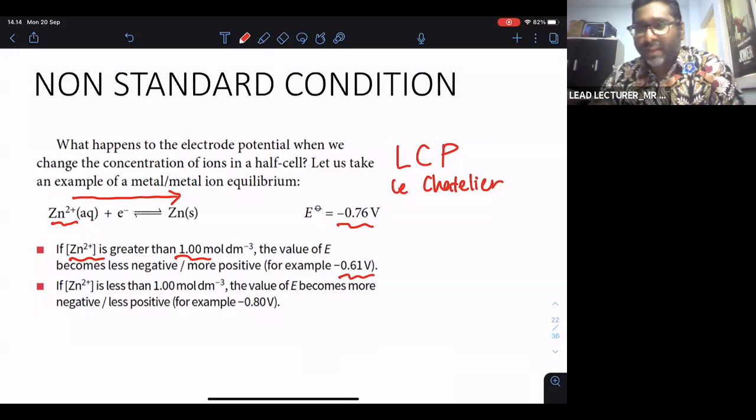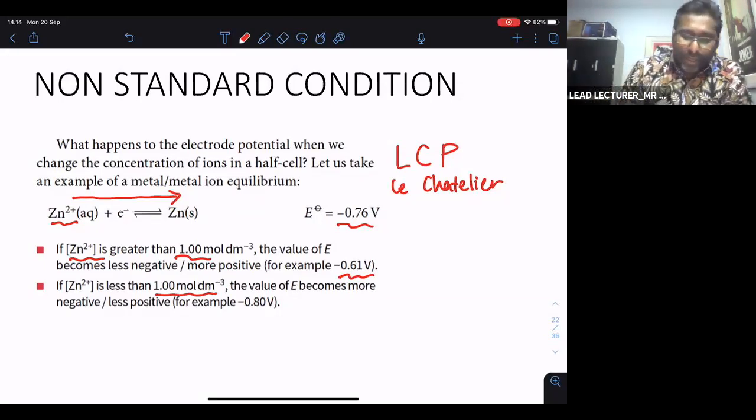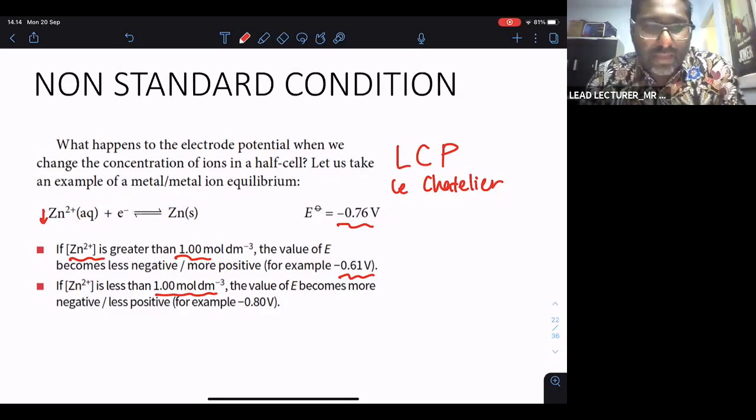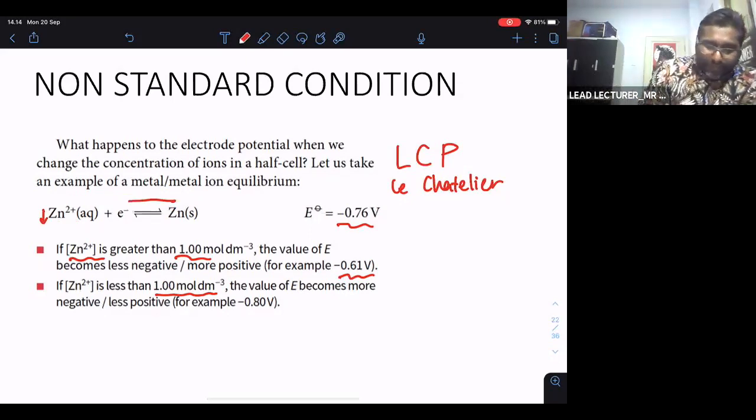If you have less than 1, what do you expect? According to LCP, if it is less, you need to make sure the concentration is increased by shifting the position of the equilibrium to the left.